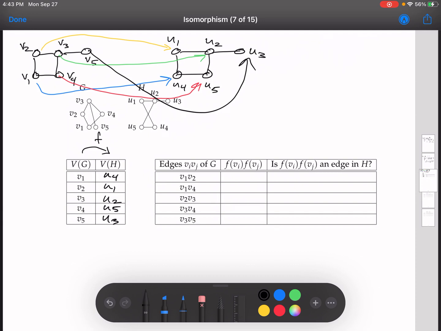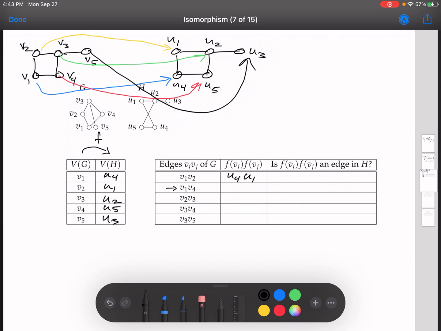All right, now we want to make sure that it preserves edges. So f of vi, vj: v1 goes to u4, v2 goes to u1.